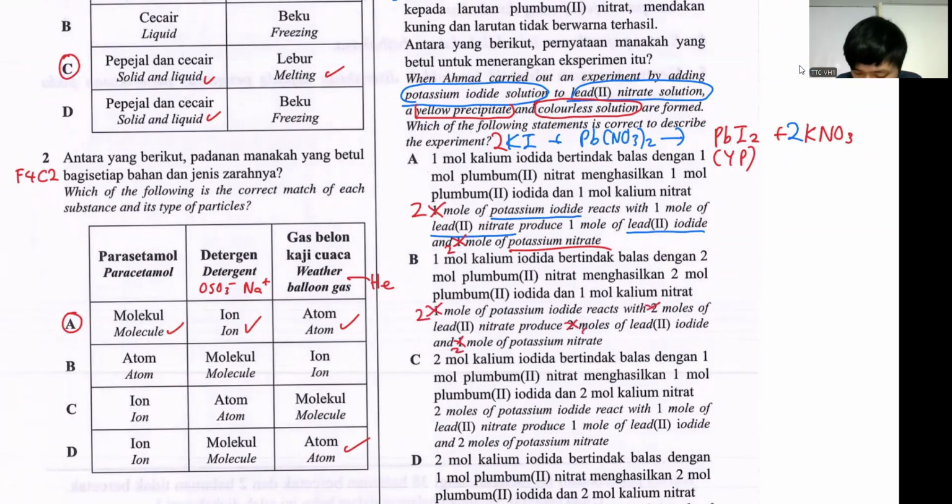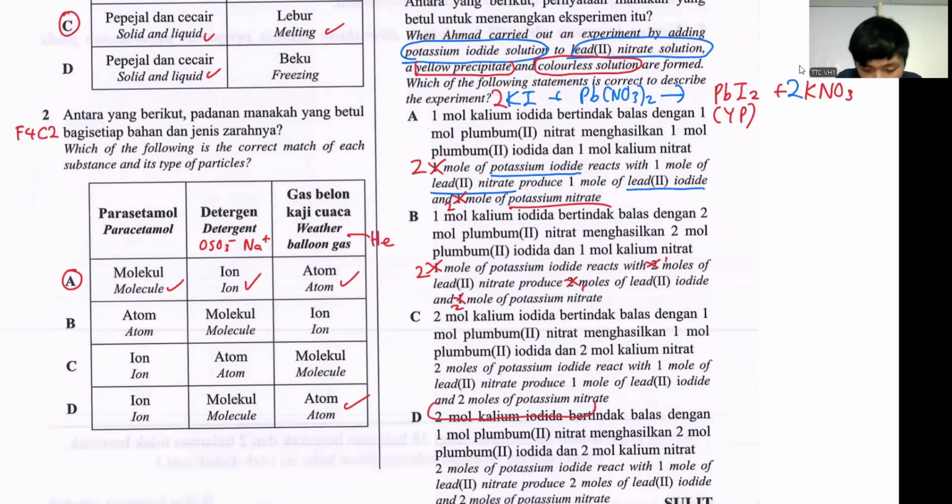C: 2 moles of potassium iodide react with 1 mole of lead(II) nitrate. Correct. To produce 1 mole of lead(II) iodide. Correct. And 2 moles of potassium nitrate. Correct. So the answer is C. You just have to write the equation and balance.